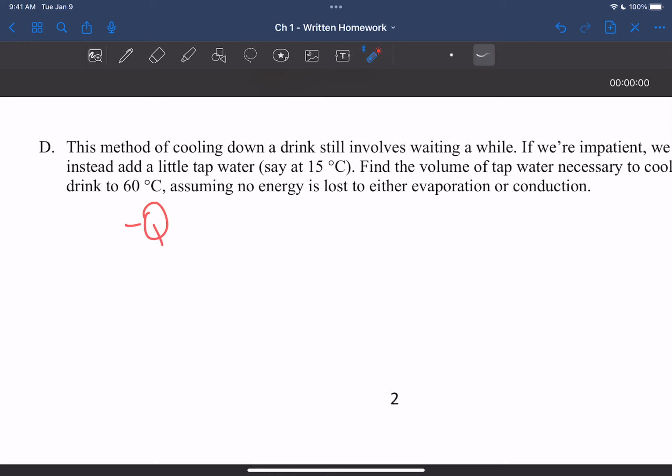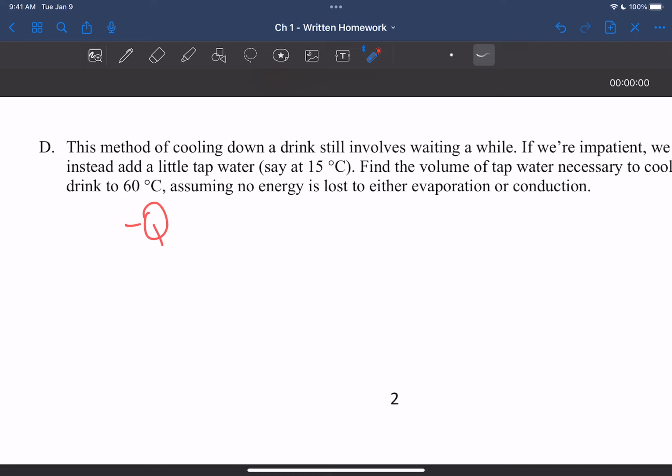So there's a release or a transfer of energy from that hot coffee to that cold water, and that change in energy should be giving us that final temperature of 60 degrees Celsius.